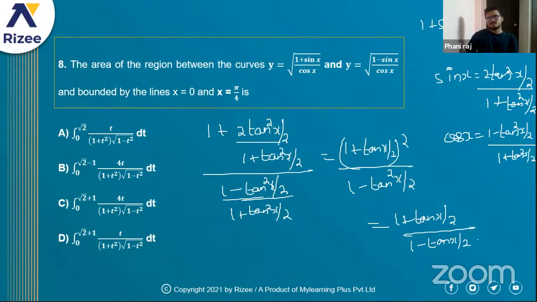Why? Obviously this is 1 minus sin square, which is cos square x, so this is 1. So this is the reciprocal of this. So what do you get here?